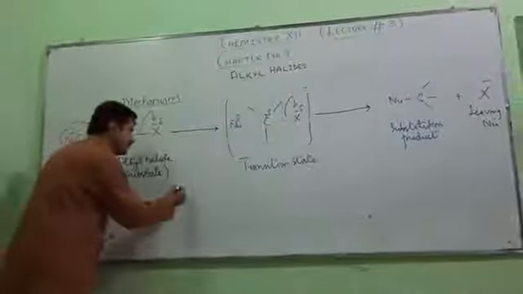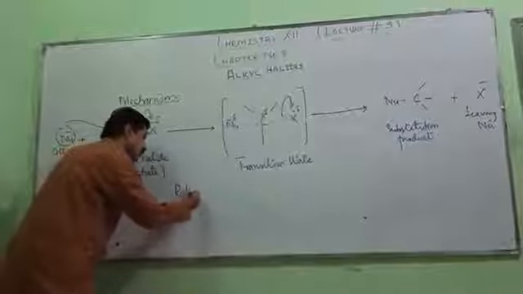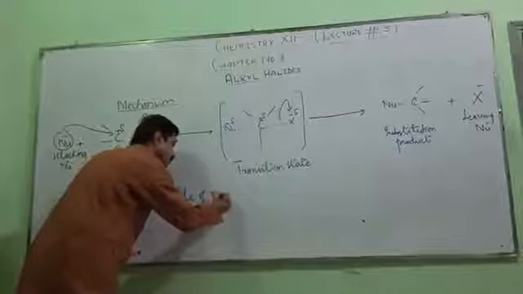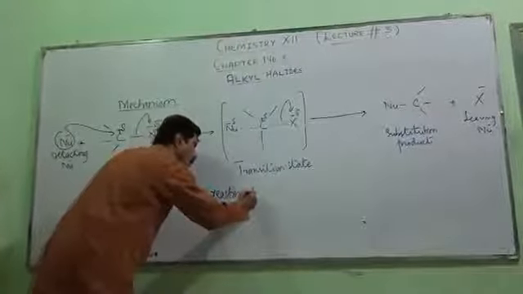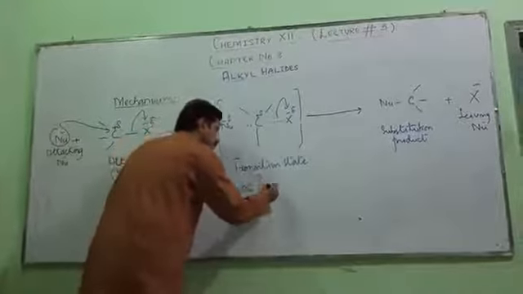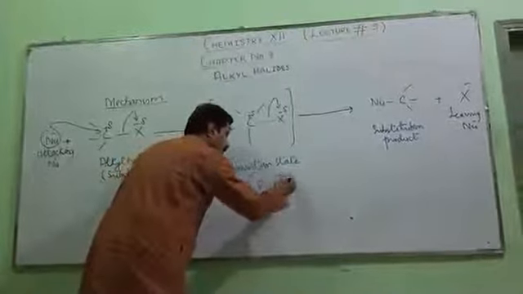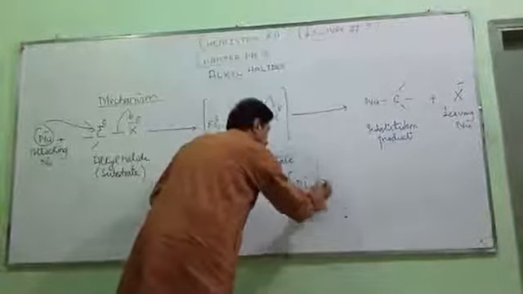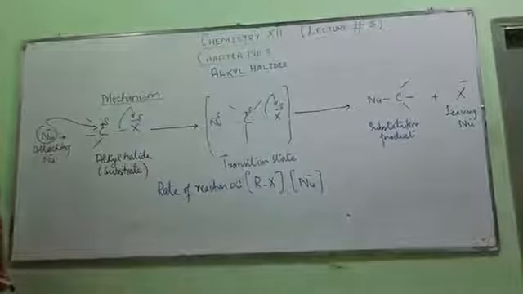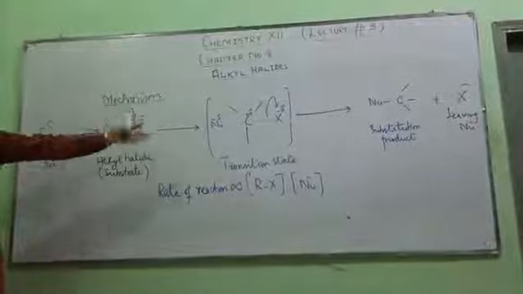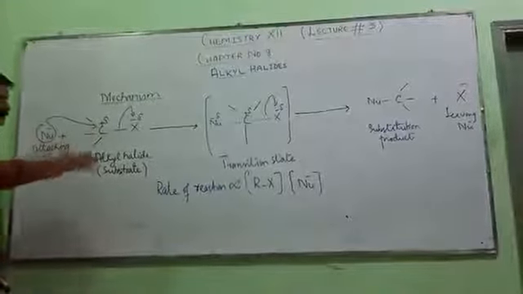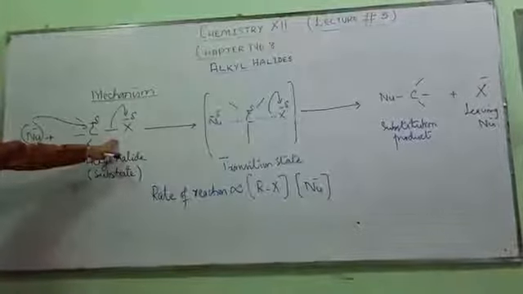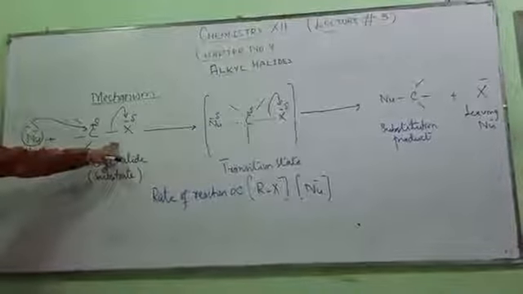So I must say here that the rate of SN2 reactions is directly proportional to the concentration of substrate as well as the concentration of the attacking nucleophile, and this is in fact the rate determining step and the slow step, because both molecules are playing their role simultaneously in the reaction.